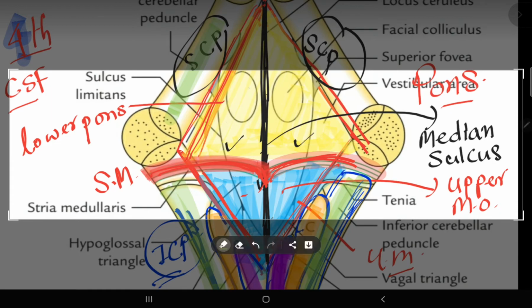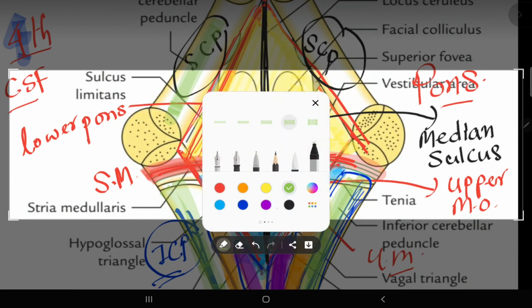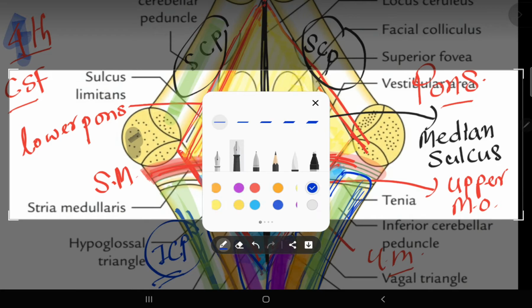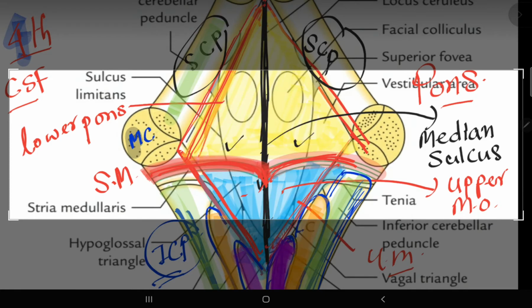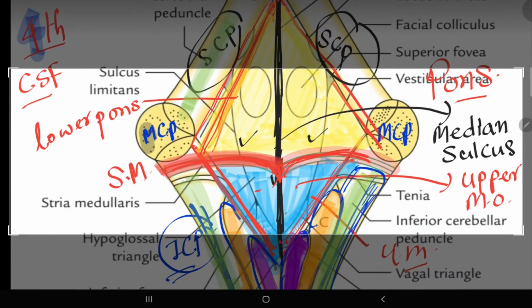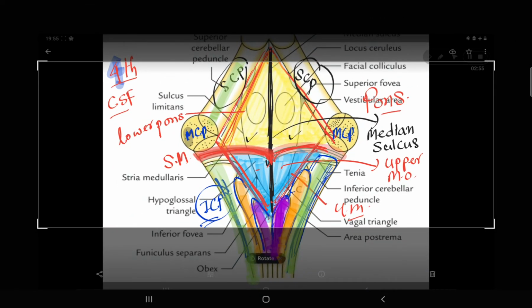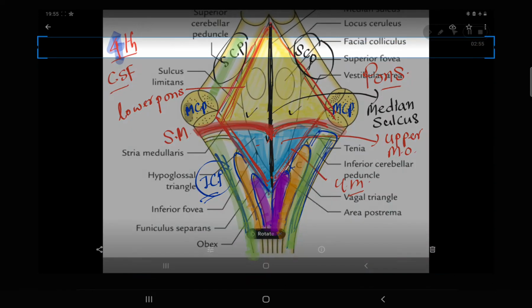And now here you can see the middle cerebellar peduncle, not medial. This is the middle cerebellar peduncle. So that's the basic intro, the basic boundary of your fourth ventricle.